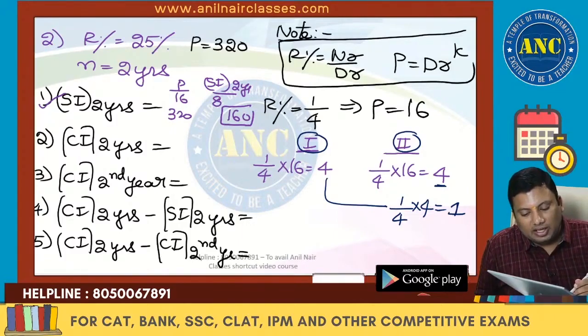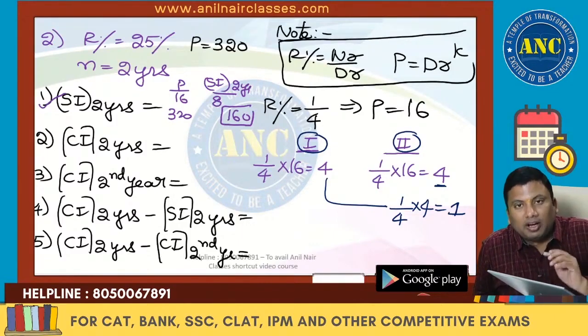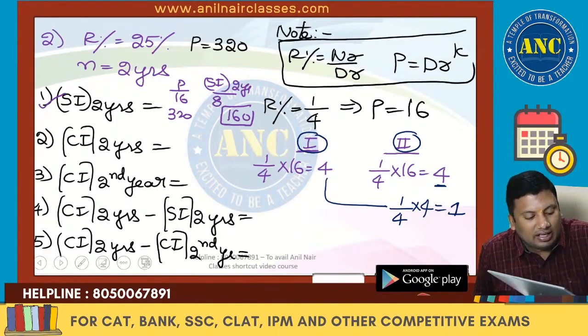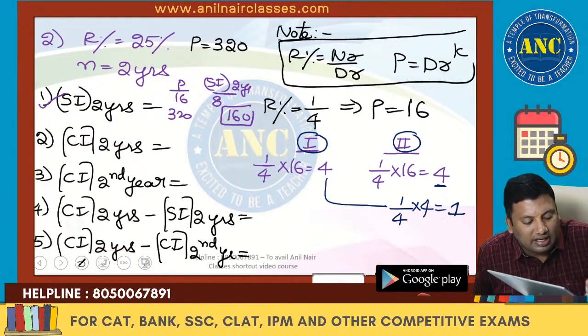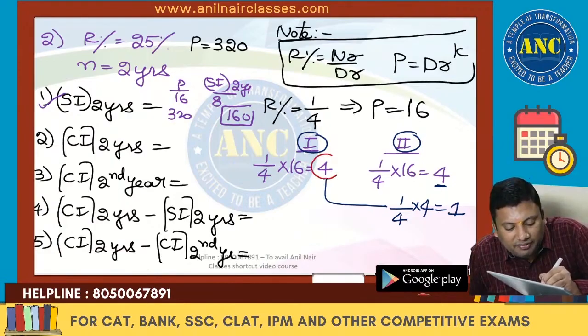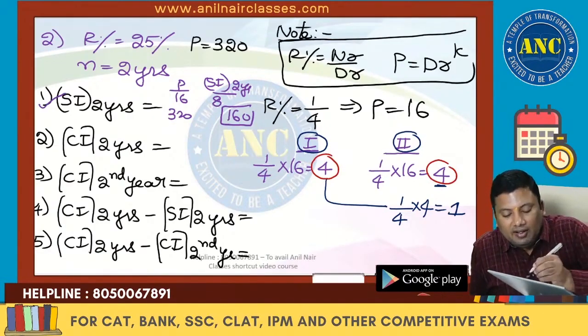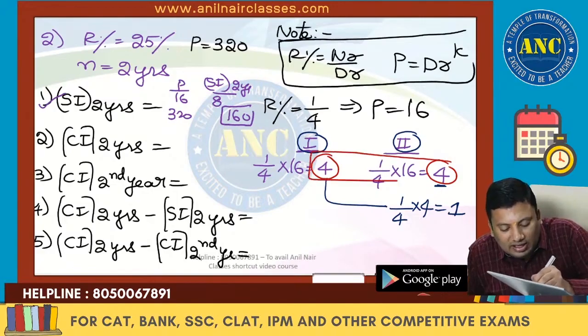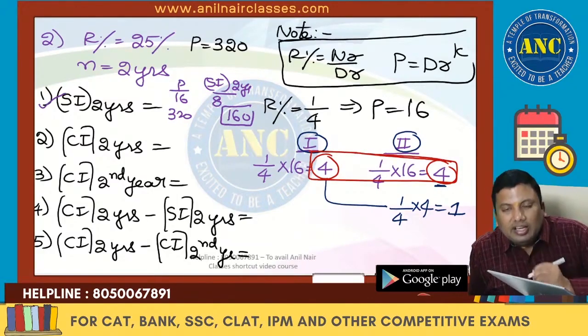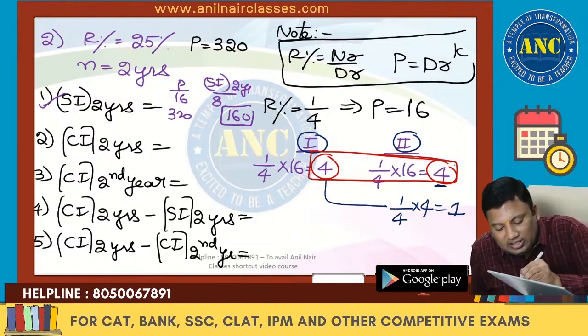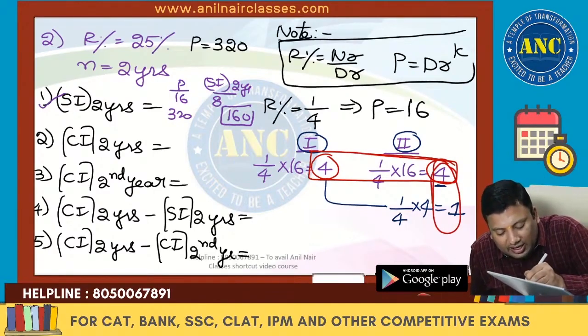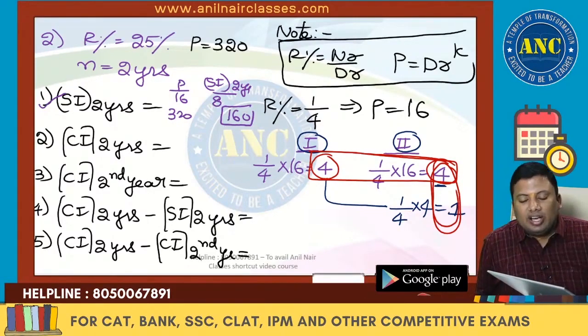Now if you observe here, 4, 4, 1. Listen carefully, sir. This is SI for the first year. This is SI for the second year. This total is SI for 2 years. This is CI for the second year.